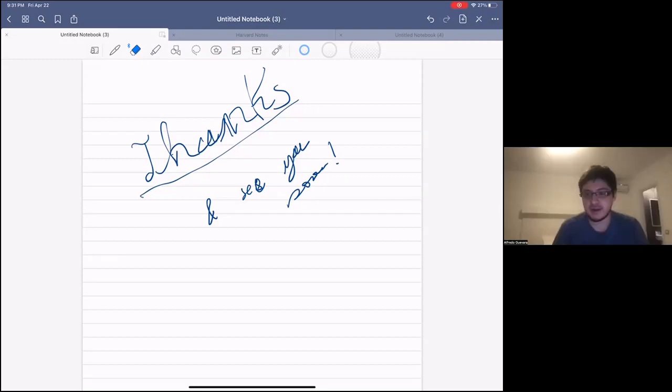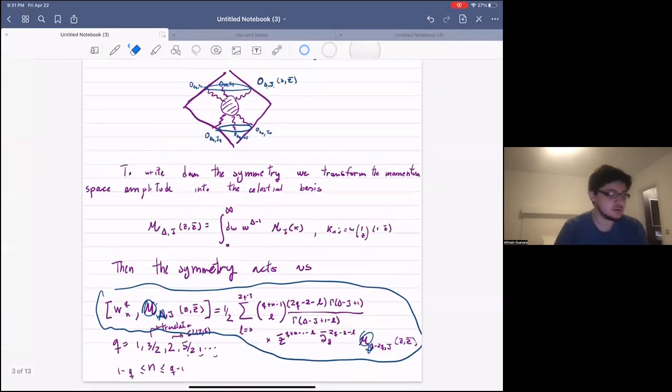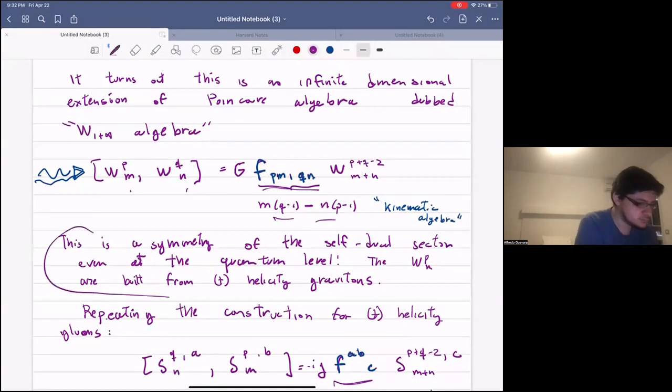Good. So we have this family of generators. I was a little quick to mention that the generators themselves correspond to plus or negative helicity gravitons. For W, they are plus helicity, but there's W bar, which is minus.